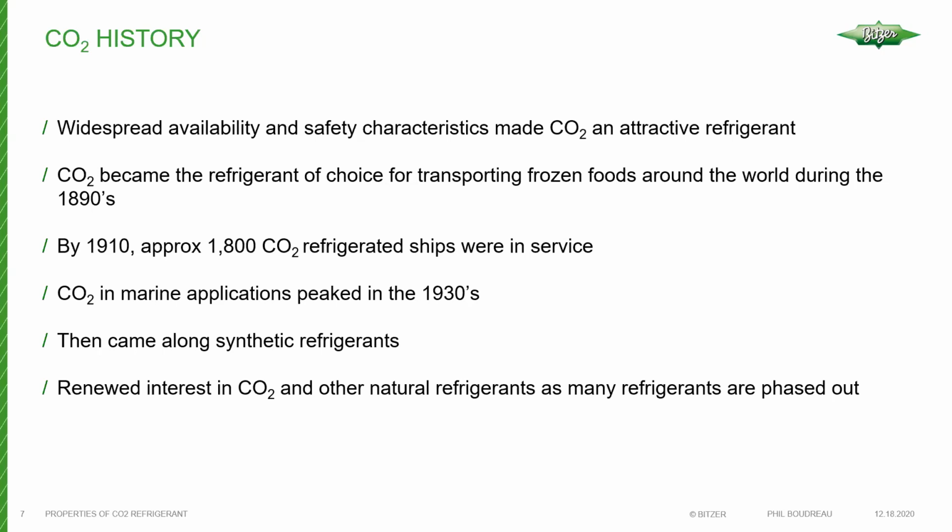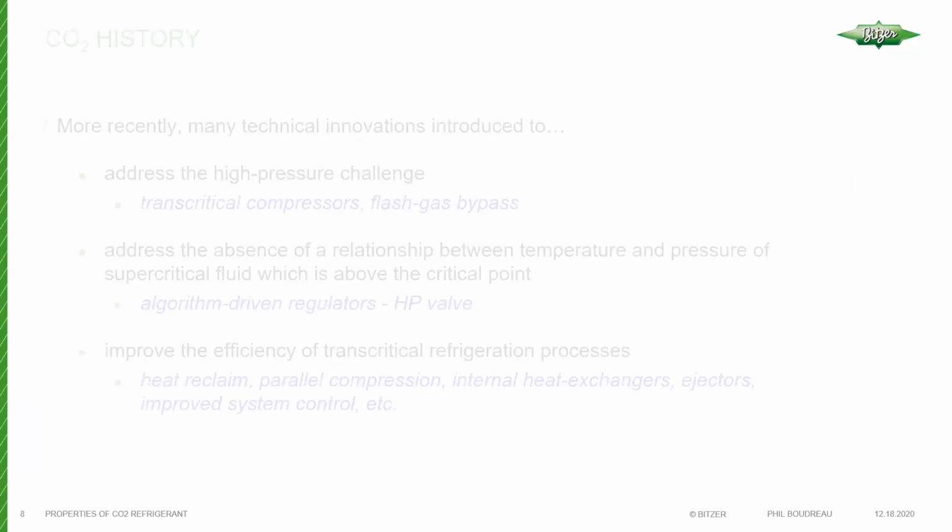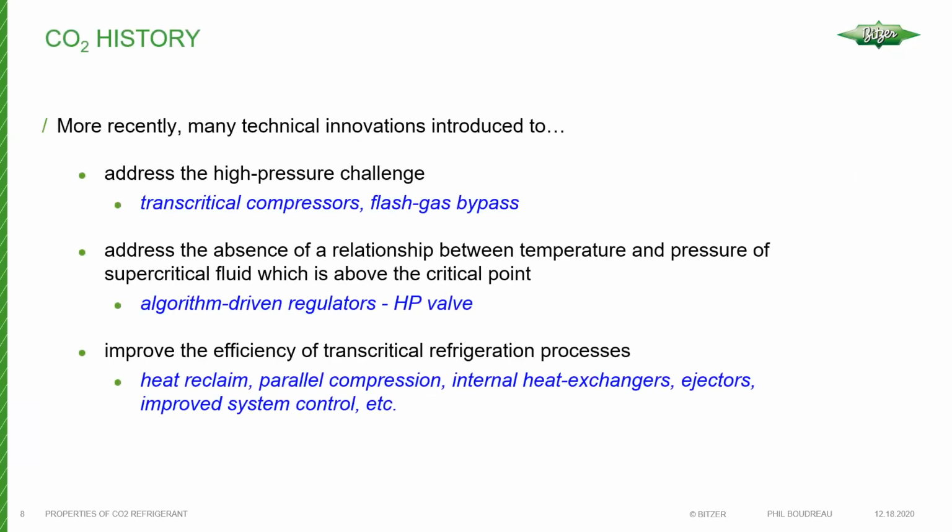So the long and short of this is that natural refrigerants, we're seeing renewed interest in this, have been around for many years around the world. So refrigerants such as ammonia, CO2, of course, and hydrocarbons, propane, for example, are in some cases making a comeback, and in other cases they're just continuing along as they always have been as players in the business.